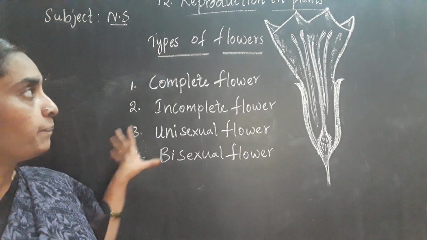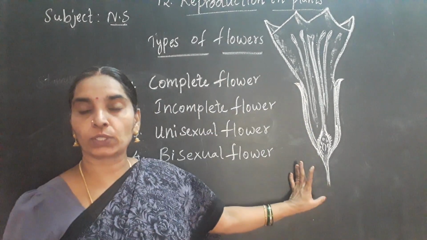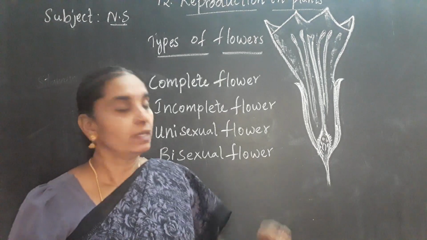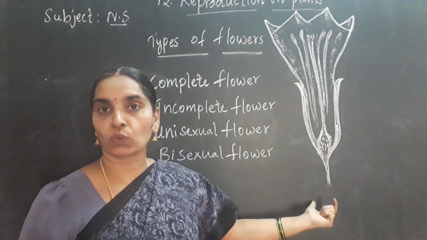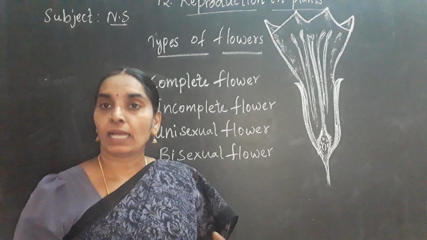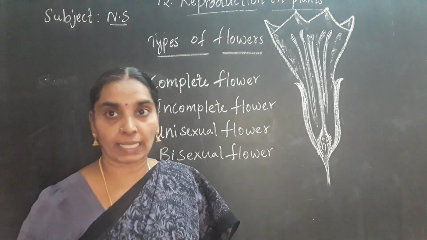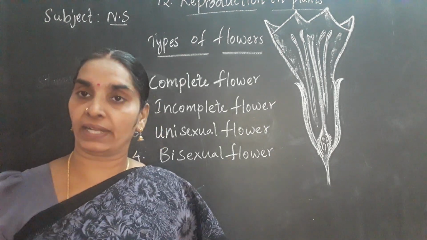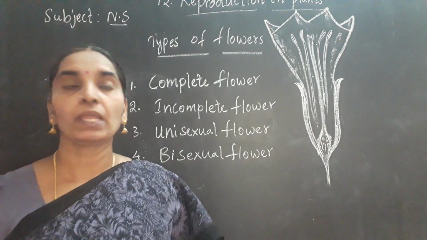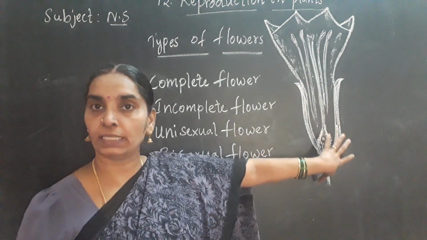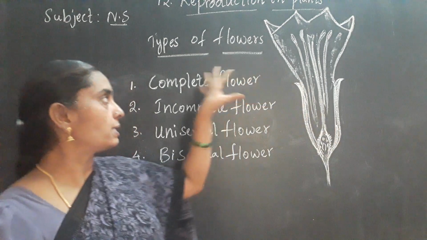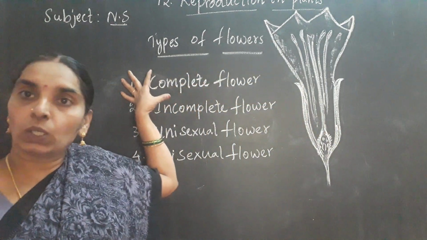Children, see here, the flower that I have drawn here is Datura. It contains all the four folds in it, starting from the calyx, corolla, androecium and gynoecium. All the four folds are present in it, so it is called as complete flower. Okay, children.